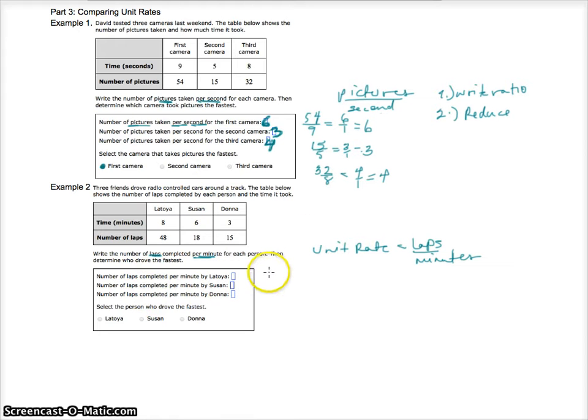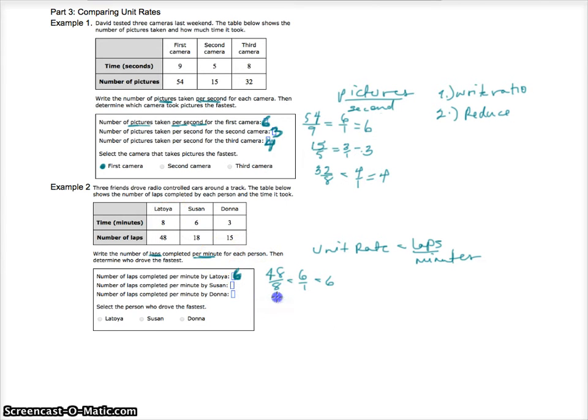Latoya completed 48 laps in 8 minutes, which reduces to 6/1, which is just 6. So 6 laps per 1 minute. Let's redo that. 6 laps. There we go.